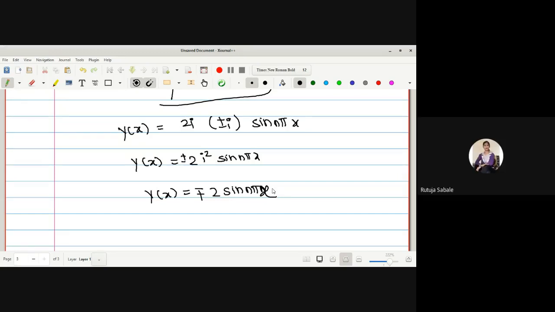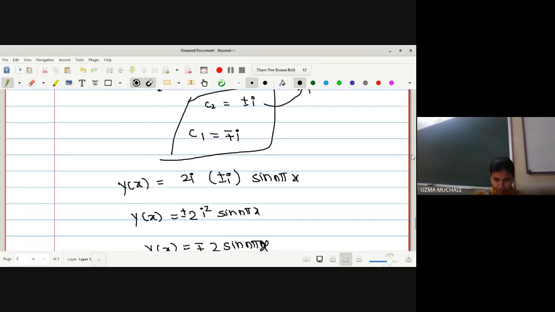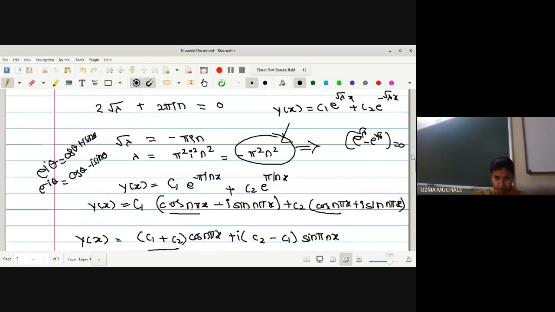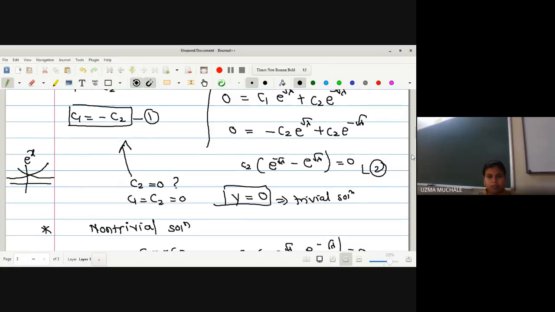Yes, ma'am. Now, what is my question for this? Here in the steps we have written C2 into e raised to root minus lambda minus e raised to root lambda equal to 0. In this step we have written that C2 is 0 since the bracket will not be 0, the graph of e raised to x is non-zero.